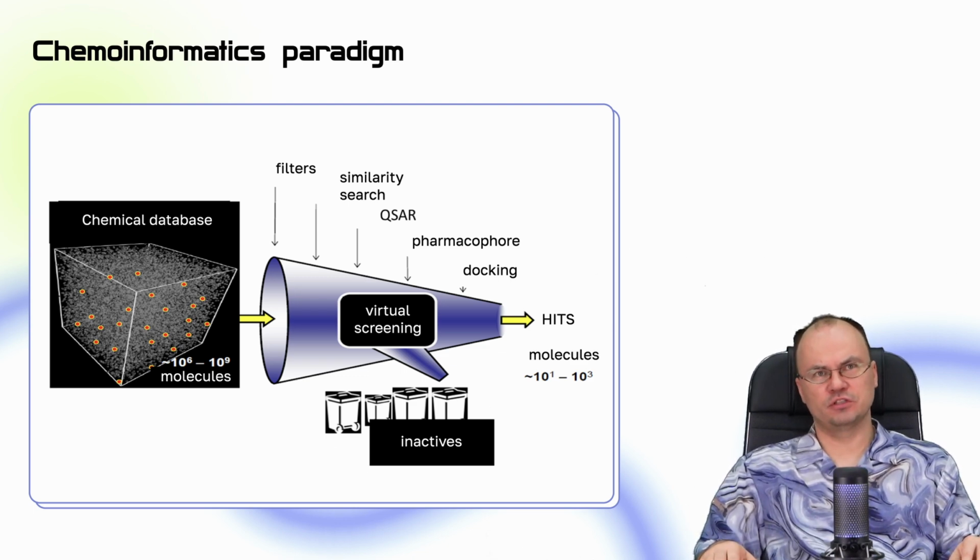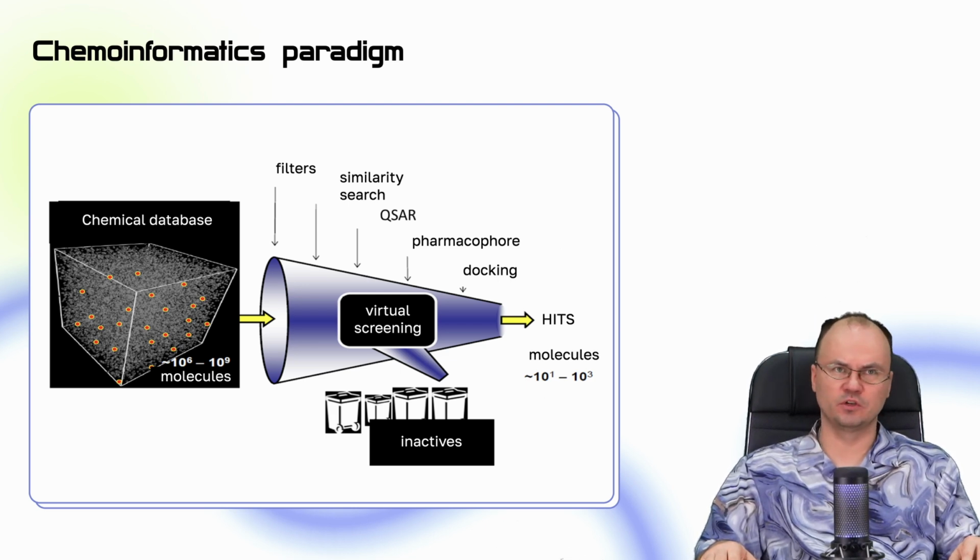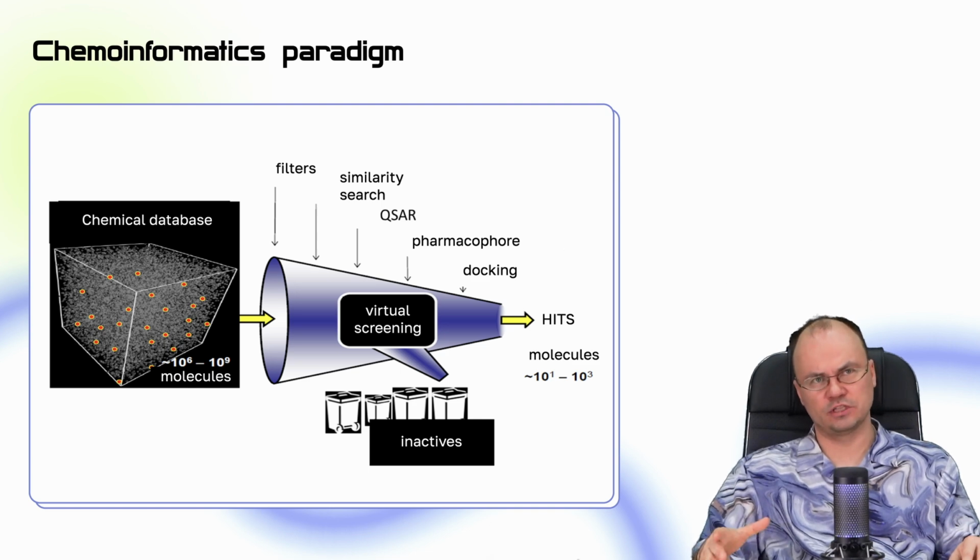Virtual screening is sometimes called high throughput screening, but the difference between them is in the number of molecules processed. If we use a big number of molecules, we are talking about high throughput screening. If we use a small number of molecules, usually we are talking about virtual screening.